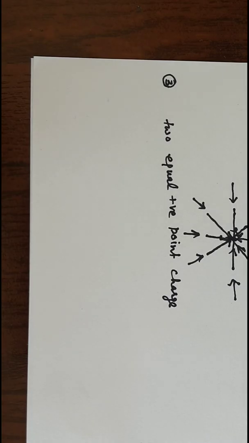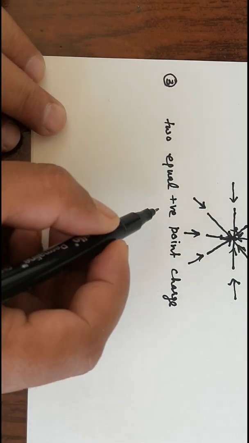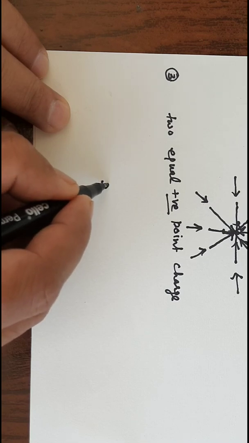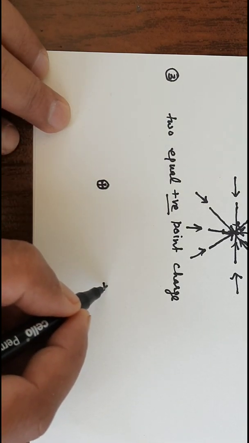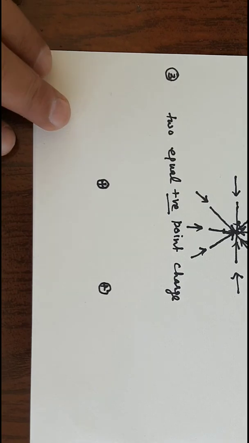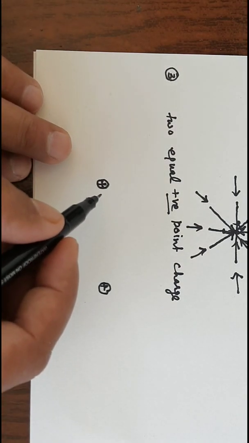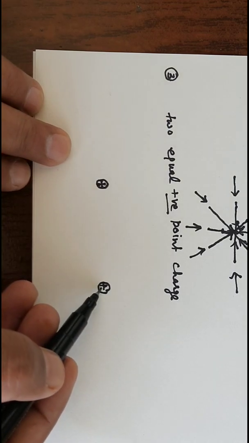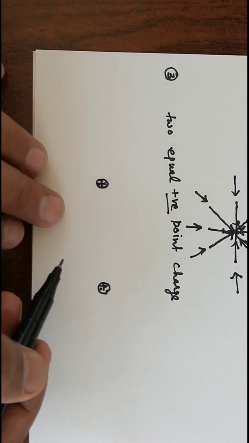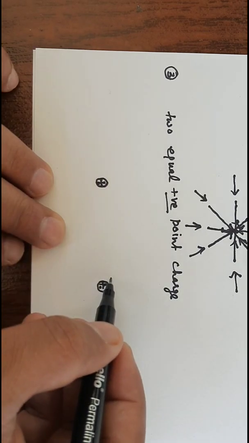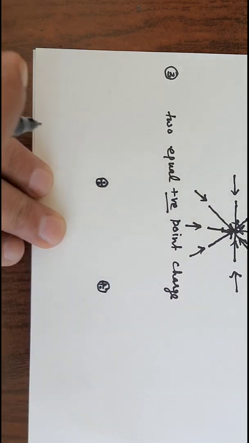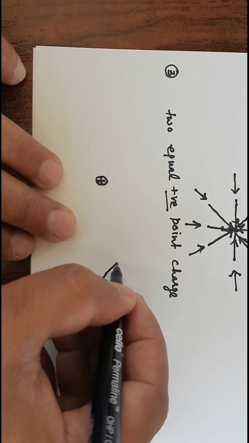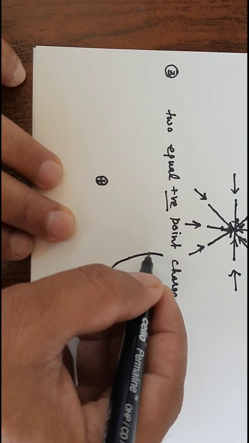Now this is the electric field due to two equal positive point charges. For this one I consider two positive charges. Electric field lines for this charge are radially outward, and for this also radially outward. But because of this one they will interact, there will be a force of repulsion, so it will also be seen in the lines.